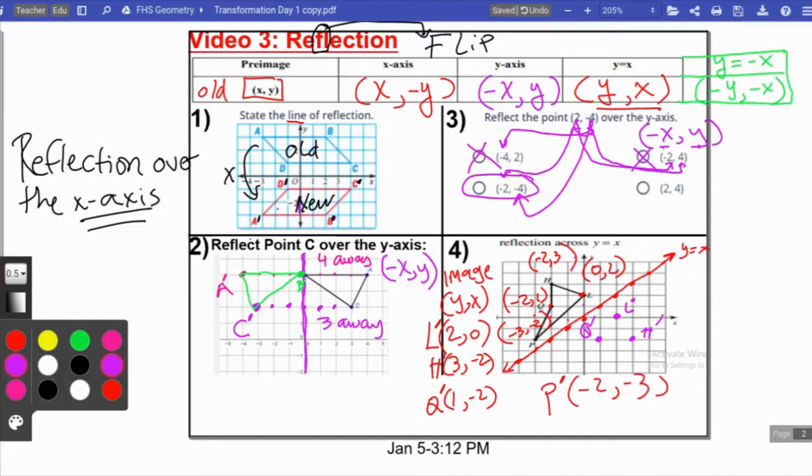And then -2, -3, boom. Who would that be? P prime. And then connect your picture, H to Q. Anyway, you get the point. As long as you have this right here, the new points would be good. All right, you got the rest.